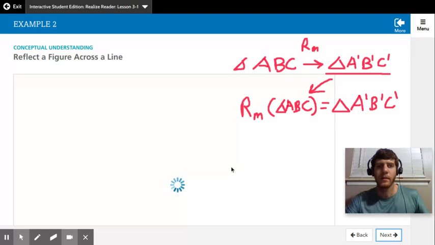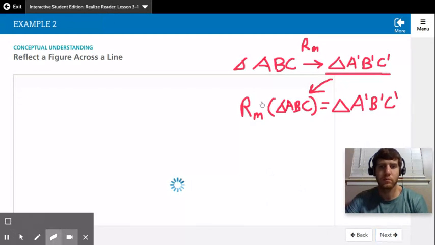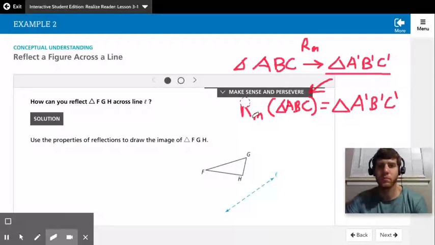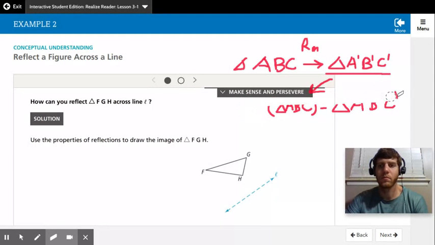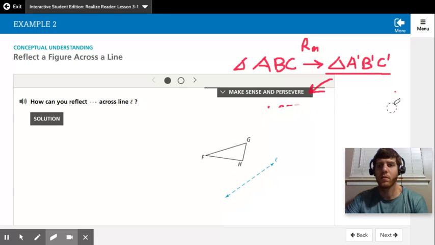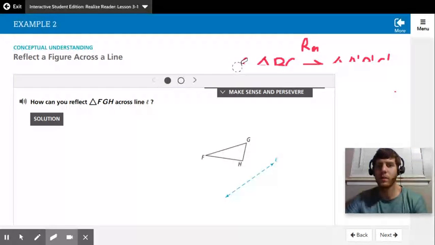They want us to reflect across a line. Just going to have to deal with this while I erase this ever so slowly.